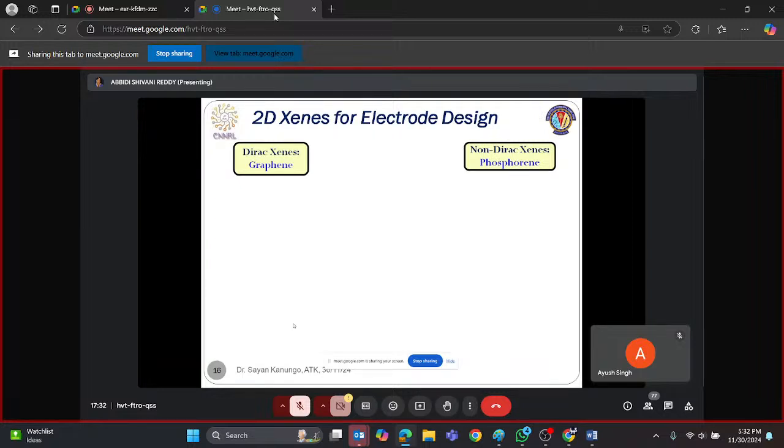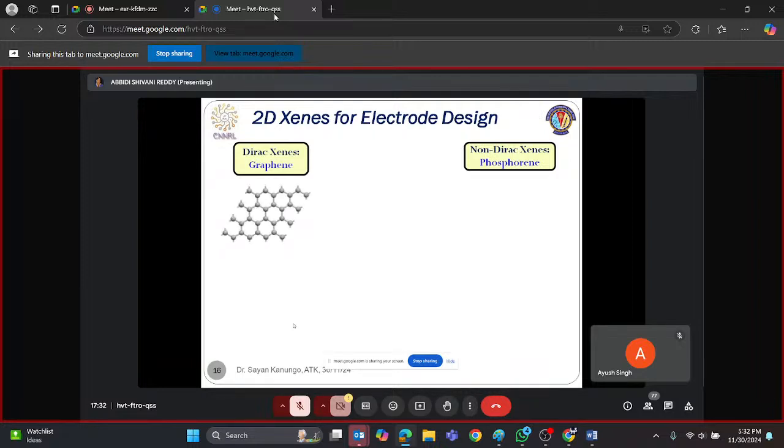In contrast, non-Dirac Xenes can be either semiconducting or metallic in nature. That means they can either have a finite band gap near the Fermi level, or the conduction band minima and valence band maxima can overlap with each other.